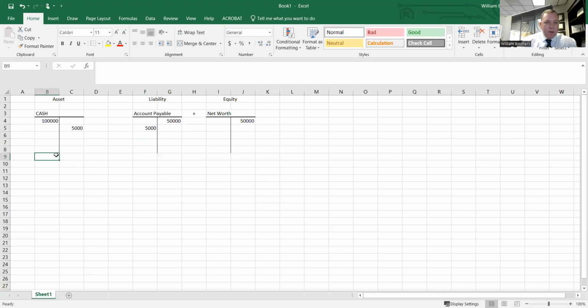And when I do that, my new normal balance in cash is going to be $95,000. My new normal balance in accounts payable is going to be $45,000. And in this situation, because the effect was between assets and liabilities, there is no effect on equity. So equity just remains $50,000.